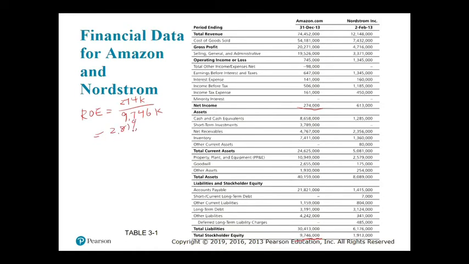Isn't the average of stockholder equity, shouldn't the total be divided by the number of shareholders or stockholders? No, average means average over time.